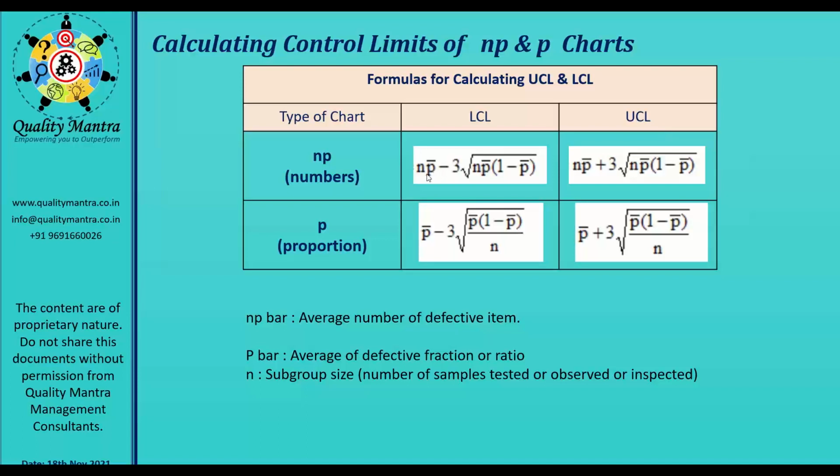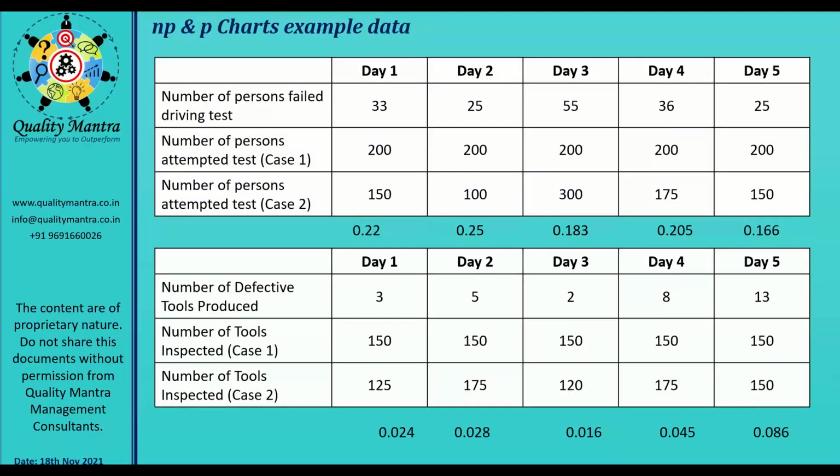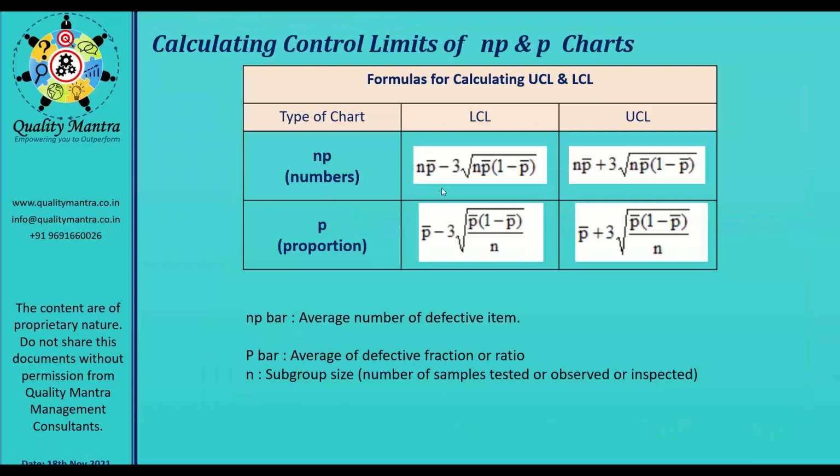You will have two formulas you need to use, for the type of chart like NP, that is number of defectives, and P, proportion defective. The NP chart is the chart for number of units non-conforming, and the P chart is the chart for proportion of non-conforming. These are the two formulas we have for calculating the LCL and UCL.